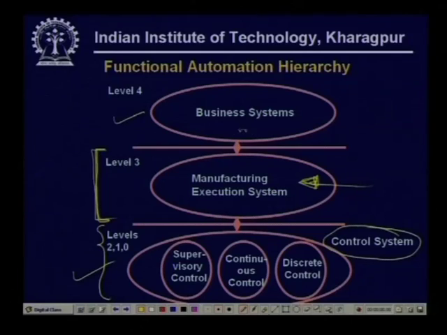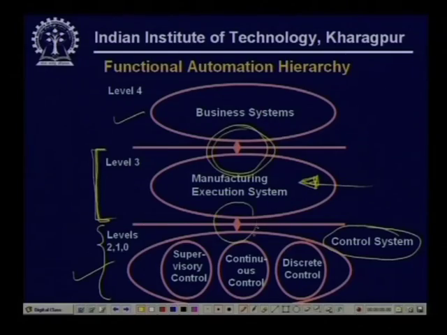So, they take on one side the interface with the business systems and take orders, production deadlines, etc. And on the other hand, they actually produce. They take these targets from the business systems and translate them into engineering targets, exactly in terms of schedules of production, which machine to be used at what time.